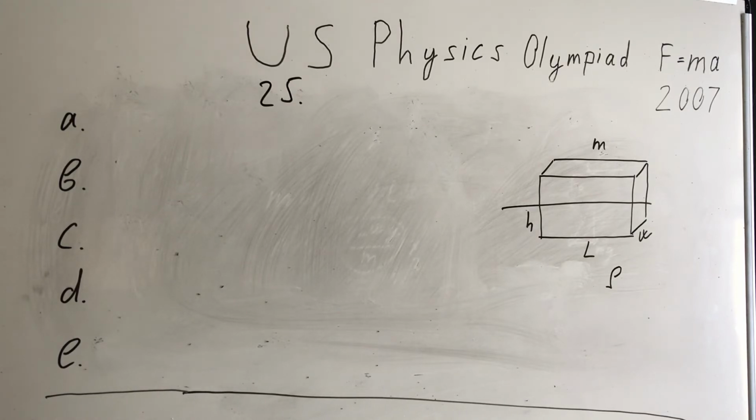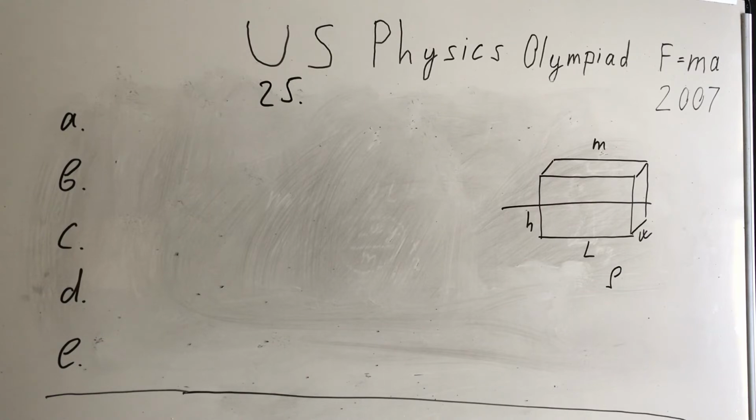Assume that the water pogo is oriented such that the length L and the width W are horizontal at all times. Assume that in equilibrium the pogo is floating.